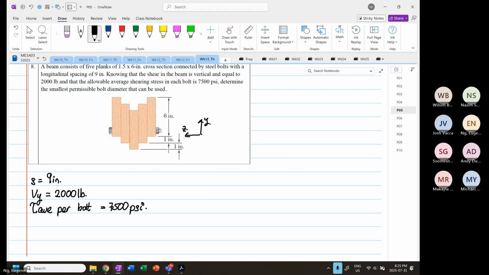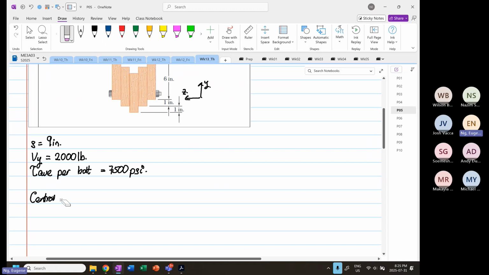So for this question, we have to find the centroid. So let's find the centroid. So determine centroid.